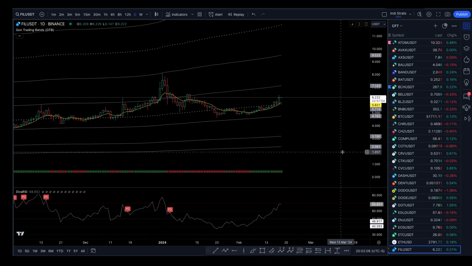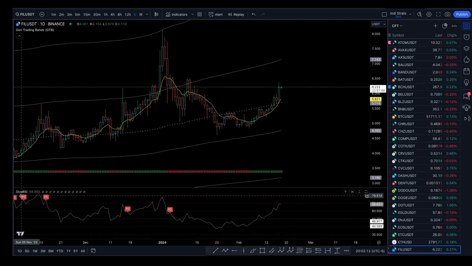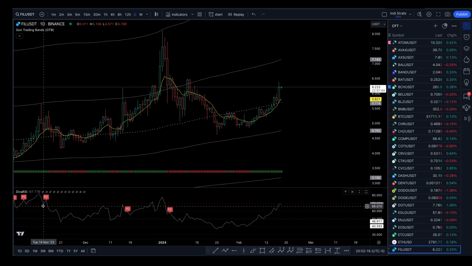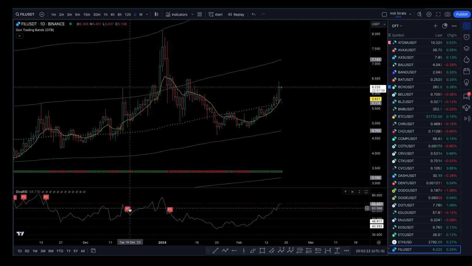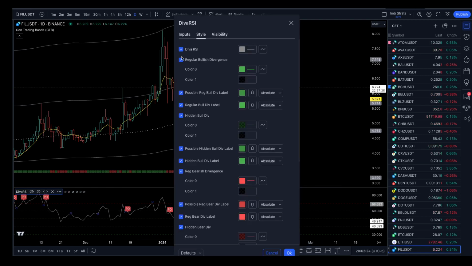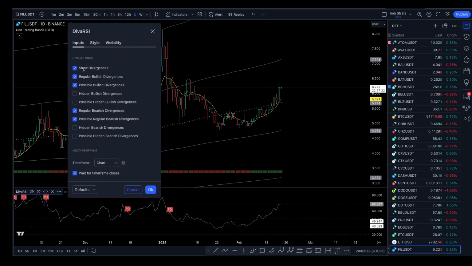Let me give you one example. Let me explain what the DivaRSI is real quick. It's a slightly modified RSI that has the capability of showing divergences and possible divergences.